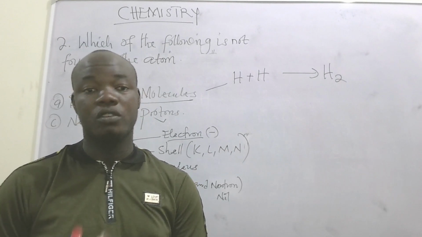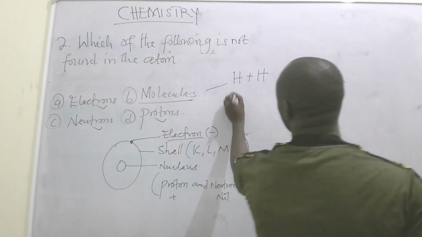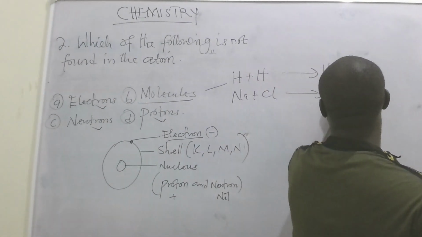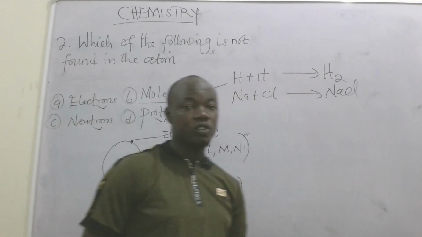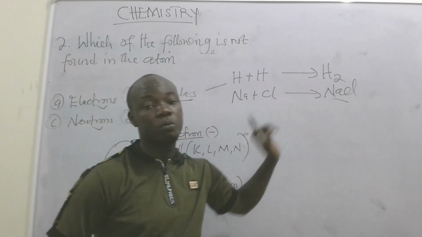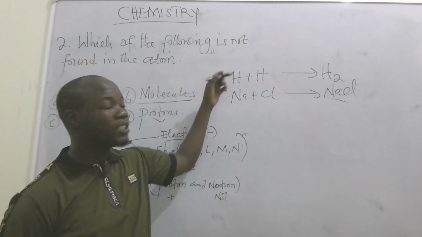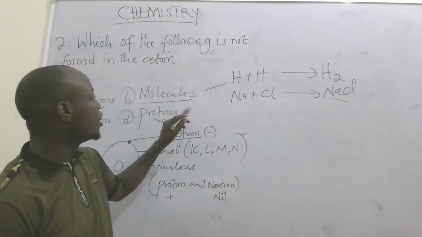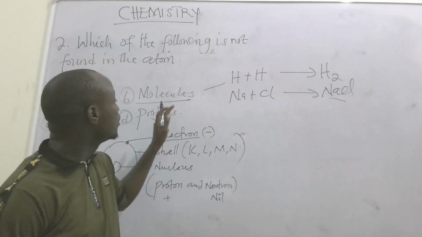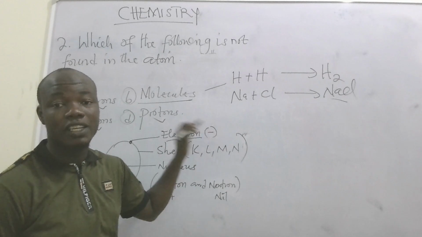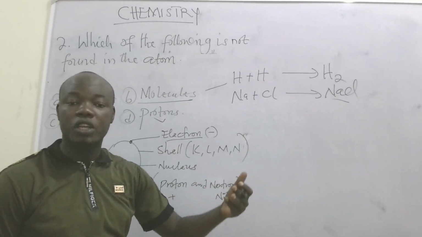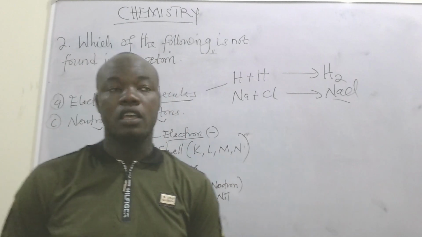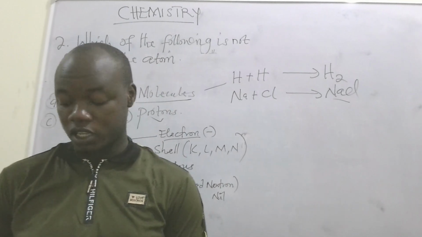For example, sodium plus chlorine gives us sodium chloride, a typical example of a molecule of a compound. So a molecule of a compound is a combination of two or more atoms. Therefore, a molecule is not found in an atom; rather, it's a combination of two or more atoms. So the answer is option B. It's not found in the atom.